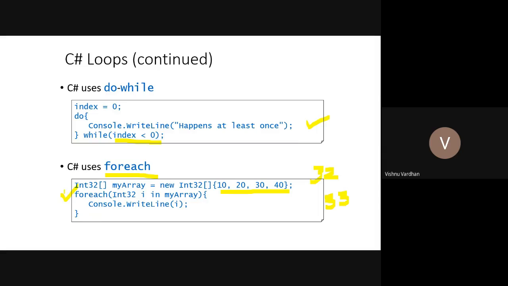So that's why it is safer to use foreach, and it supports classes and objects entirely. So it's easier to create the logic quickly without bothering about logical errors.